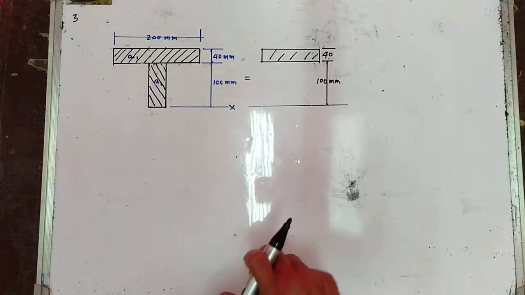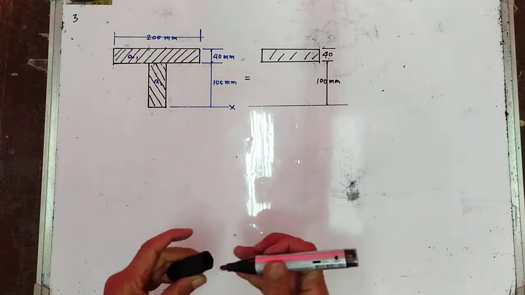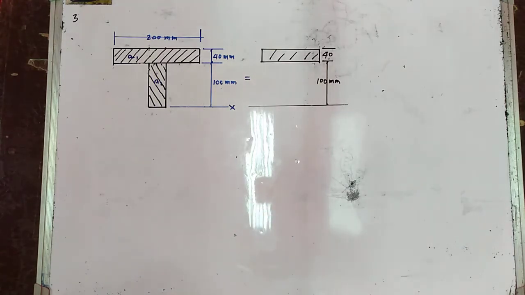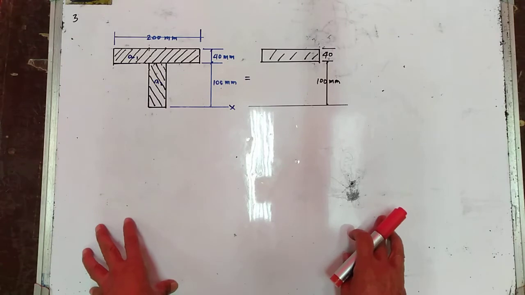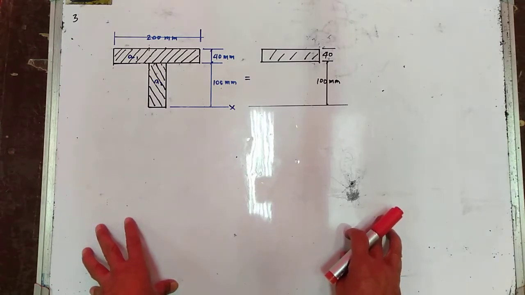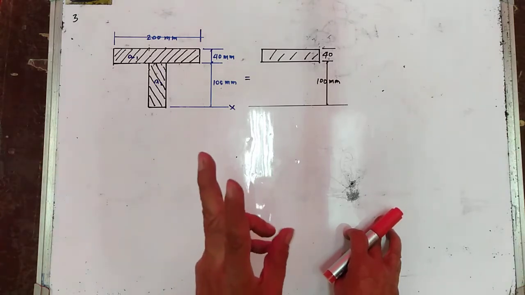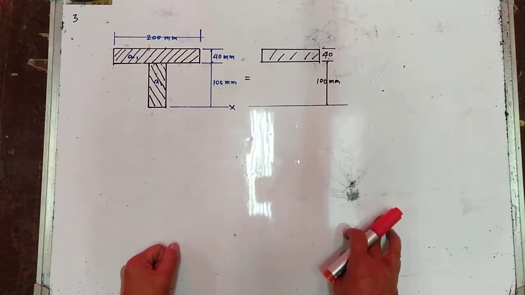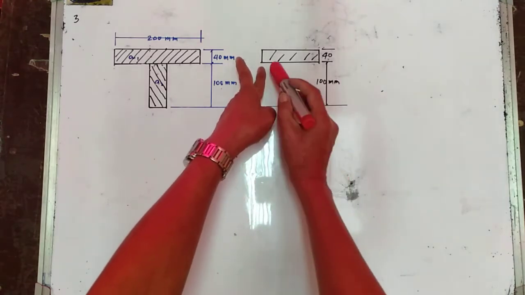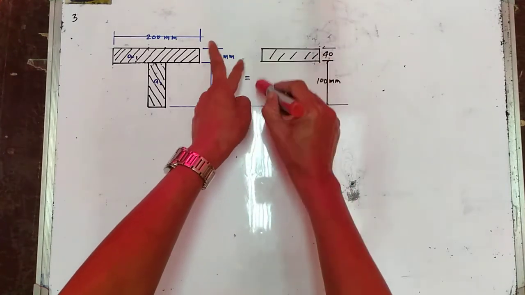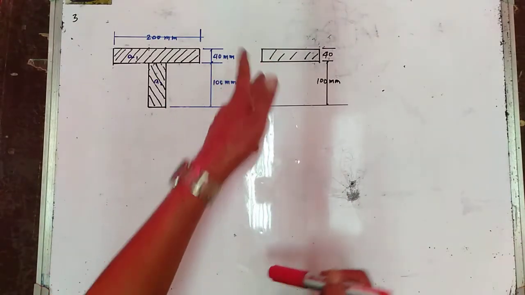Now the centroid is located at this point. Of course, if you refer to the centroid of common geometric figures, for a rectangular area it is equal to 1/2 of the height from the base, or 1/2 of the base from this axis in here.